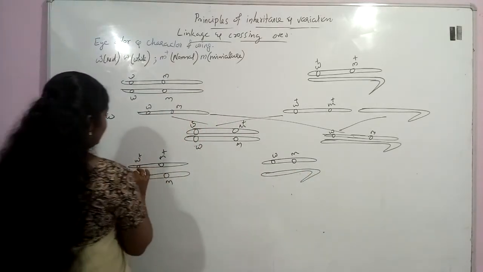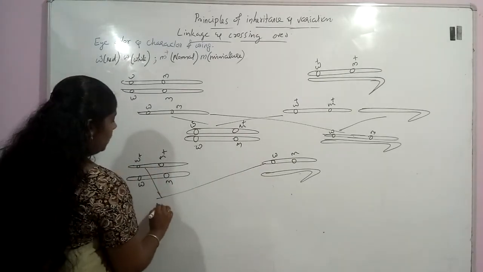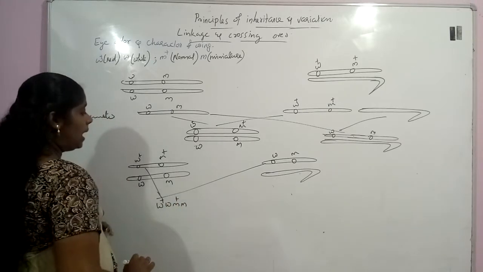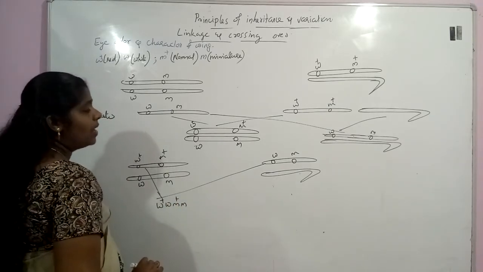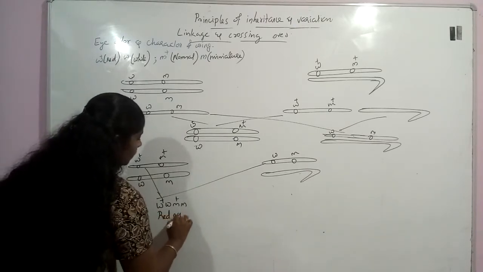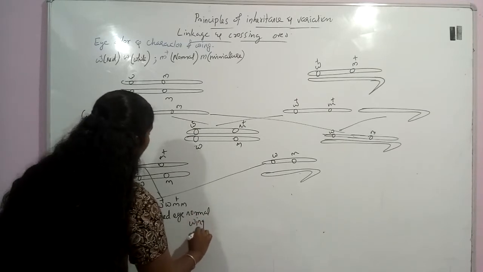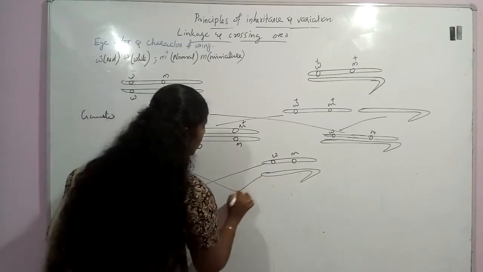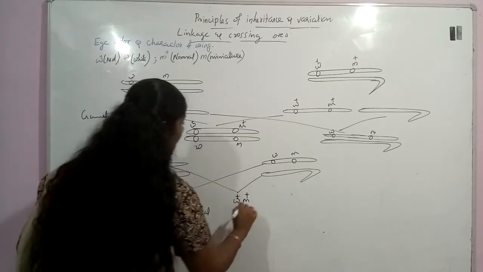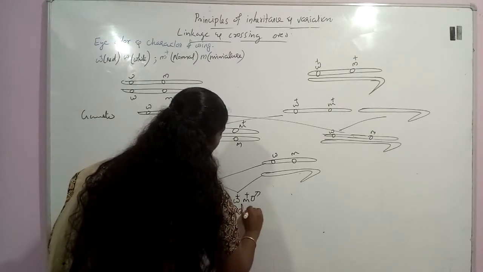When these join, we get W plus W, M plus M. This is a heterozygous dominant female, that is red eye normal wing. If this joins with the Y sperm, we get a W plus M plus male, showing the same feature, red eye normal wing.